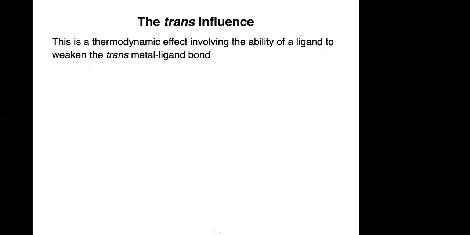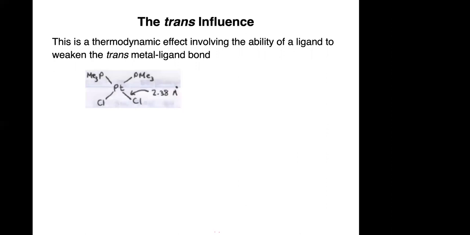But let's go through and understand the trans influence, which could relate to or impact the trans effect that we see. So this is a thermodynamic effect involving how much the opposing ligand will weaken a metal-ligand bond. Right? So some ligands might cause the opposing bond to be weaker than others.